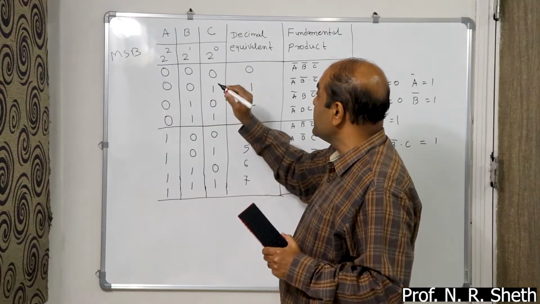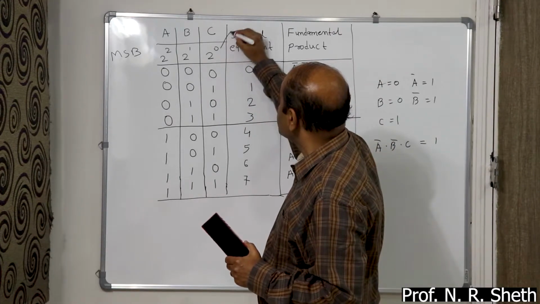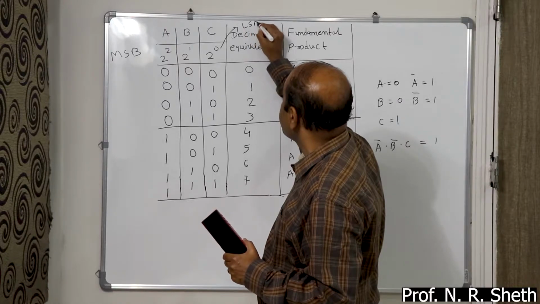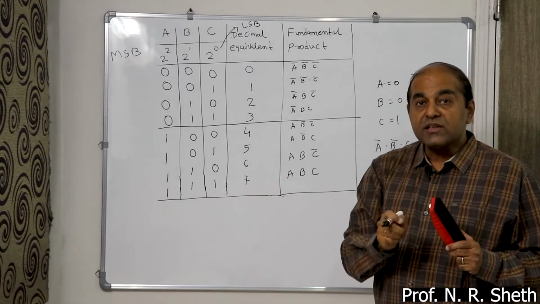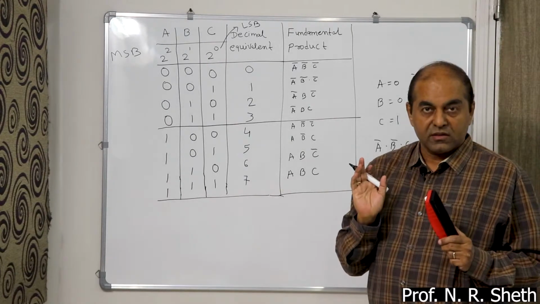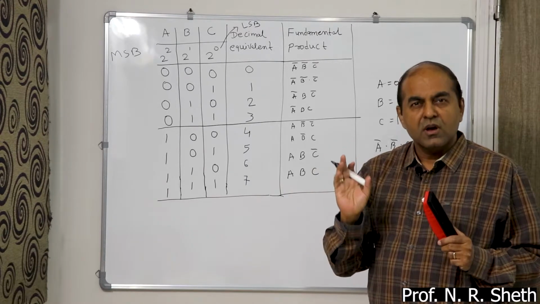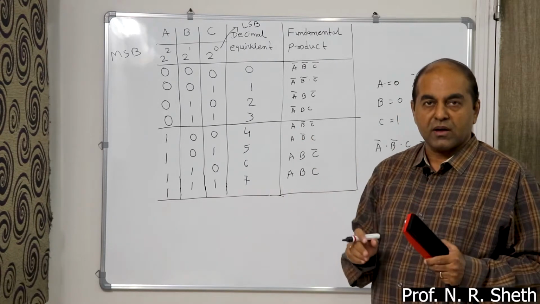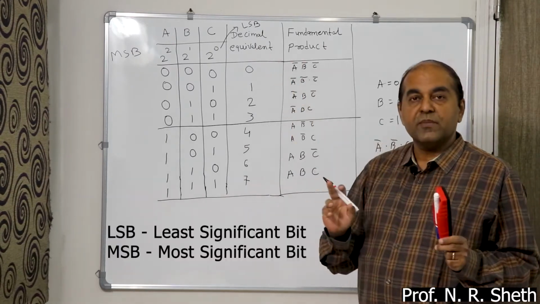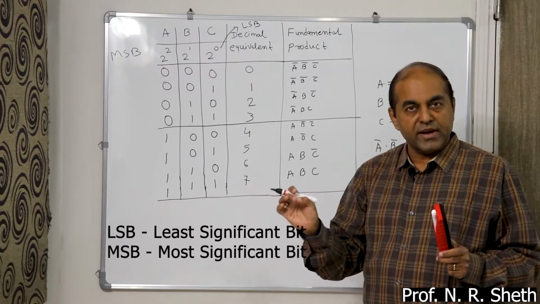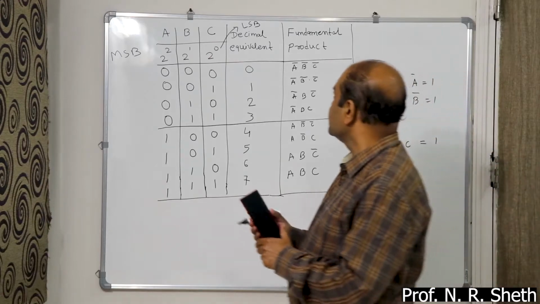And this one is minimum, so this bit is known as LSB. LSB means least significant bit, MSB means most significant bit. This type of question is asked for 1 mark: give the full form of MSB or LSB. Again, LSB is least significant bit, MSB is most significant bit.